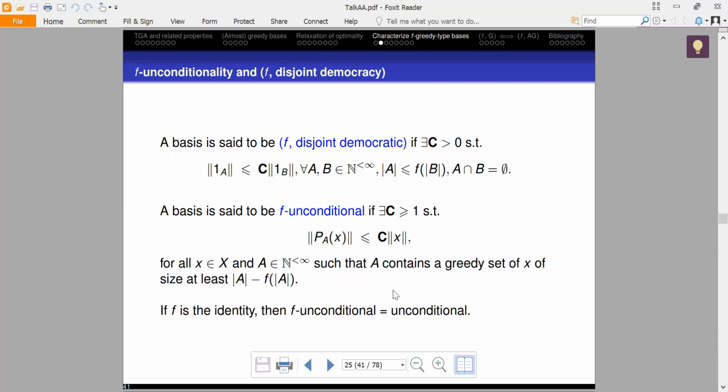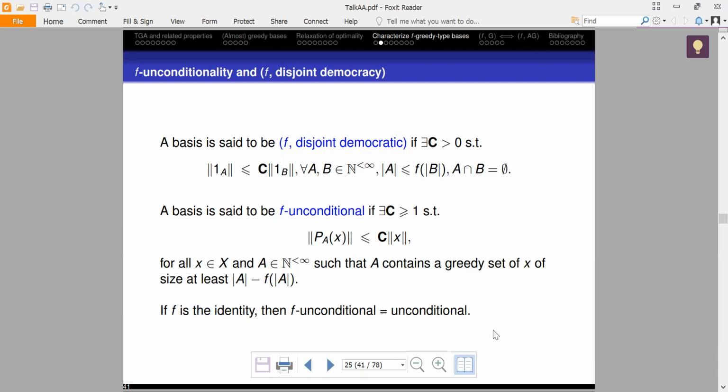Now, if F is the identity function, then you see that this difference is 0, so you do not put any extra condition on the set A. That's why we say F unconditional is equal to unconditional when F is the identity.